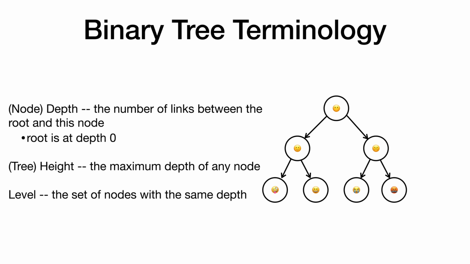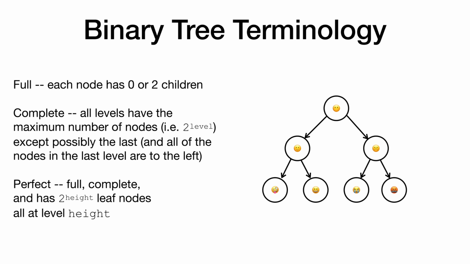And a level is the set of nodes at a particular height or depth in the tree. So here, level 1 is the happy face and the sad face, right? We also had a couple terms that said whether a tree is full or not, whether a tree is complete, right?